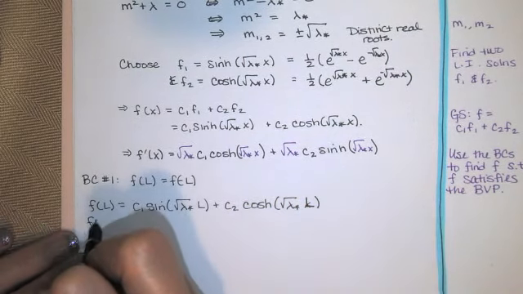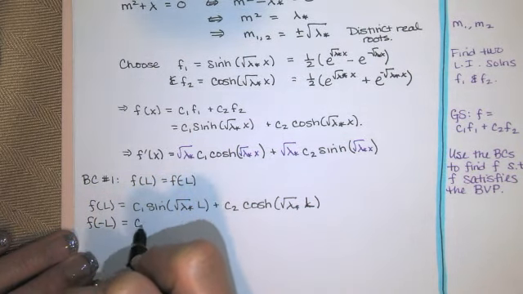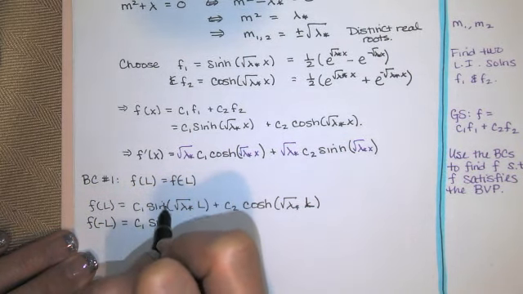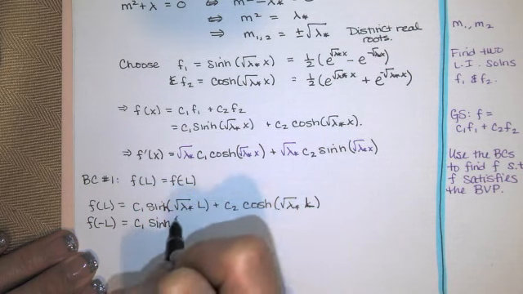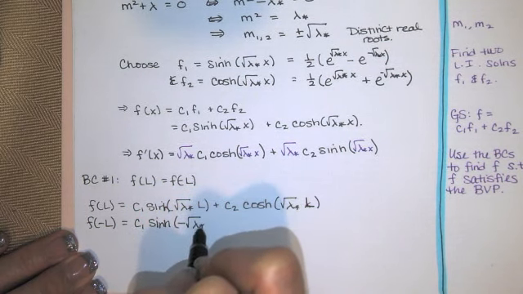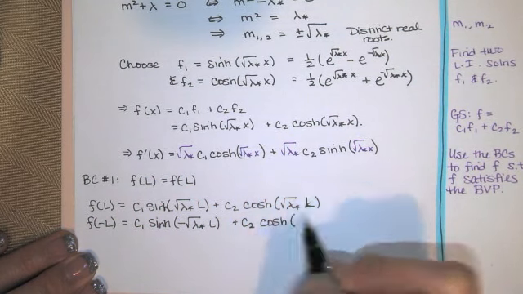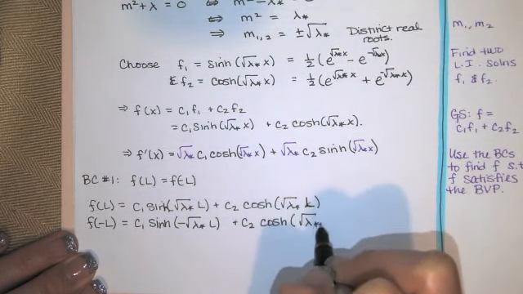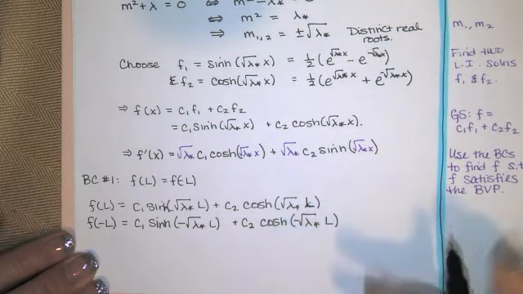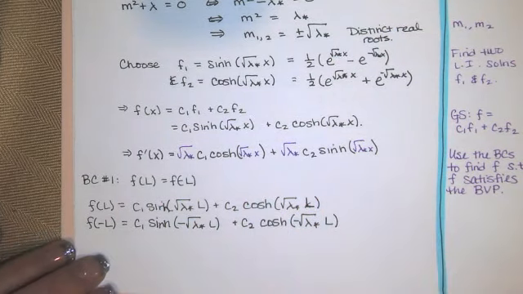And then I'll also substitute in x equals negative L. Oops, I forgot my H. It's hyperbolic sine, not sine. And then eventually we will set those equal to each other and try to simplify the equation.